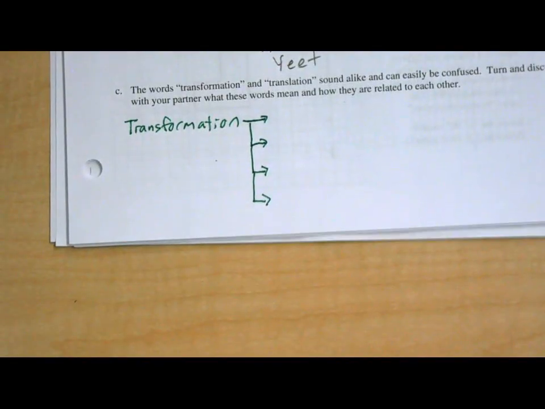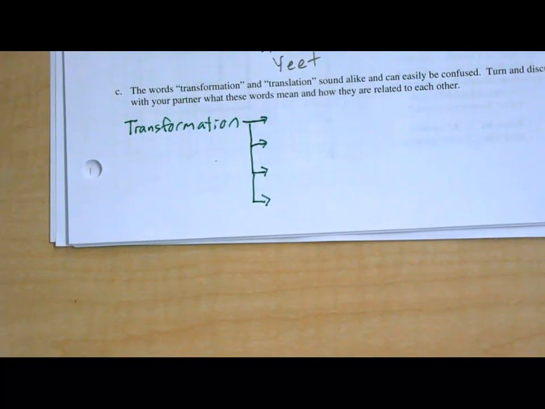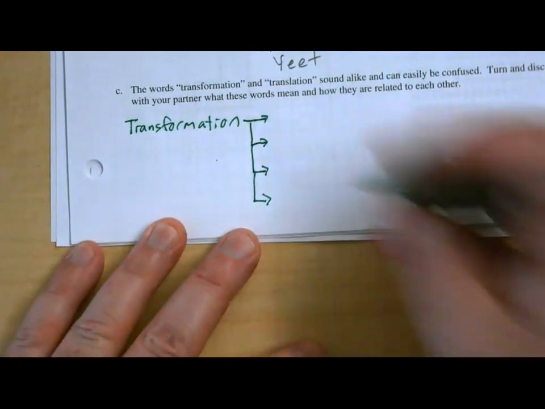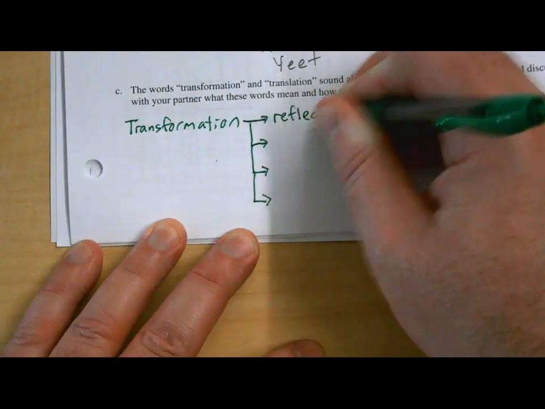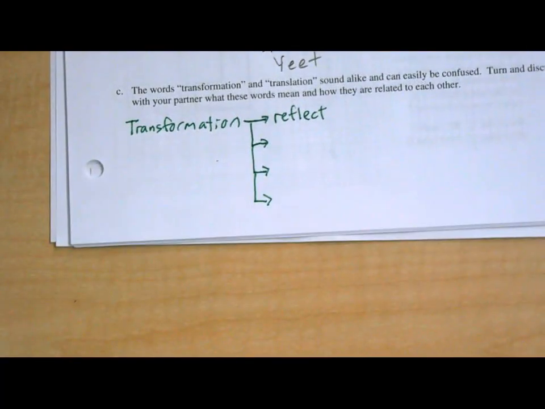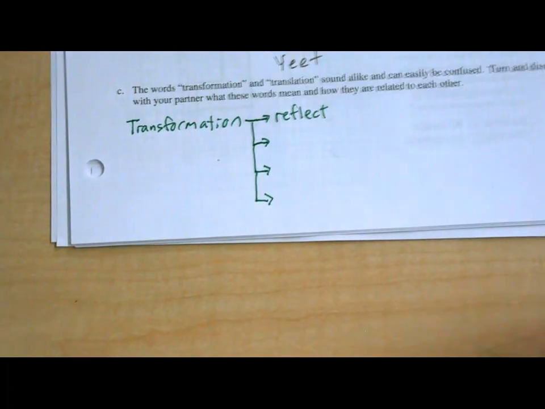One of them is the thing that we did on Tuesday when we were flipping the tracing paper. Starts with an R. Reflect. That is a type of transformation. One of them is the thing that we just did. If we just slide or skedaddle something from one place to another, that's translate.